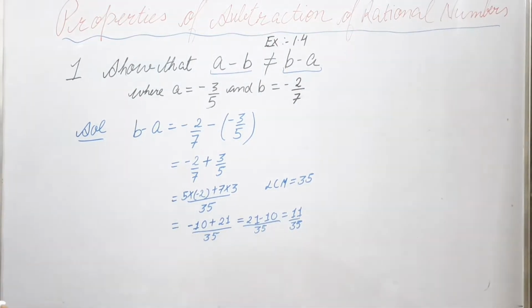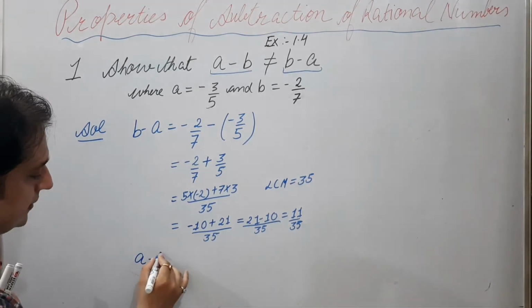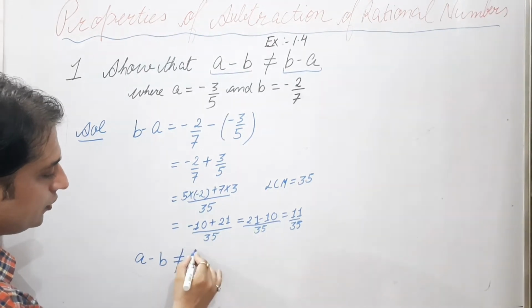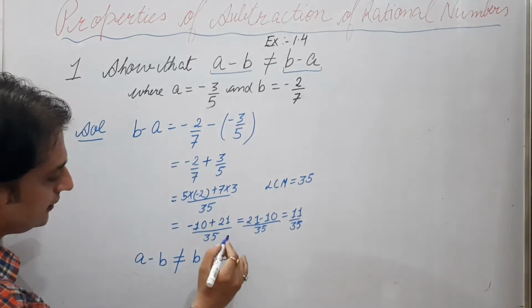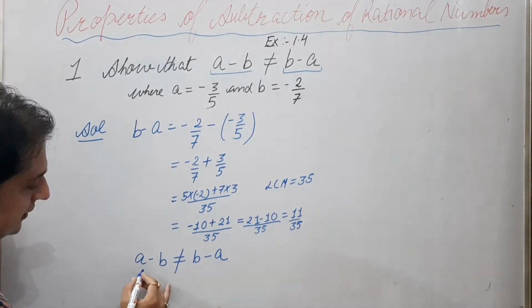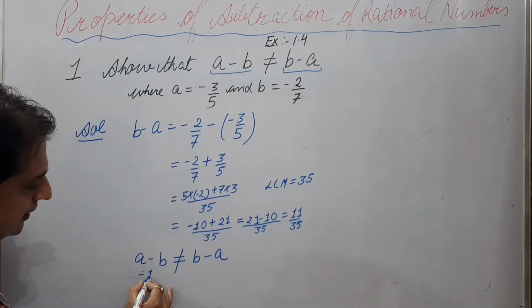So from this, you can say a minus b is not equal to b minus a. A minus b हमारी वैल्यू कितनी आई थी? That is minus 11 upon 35.